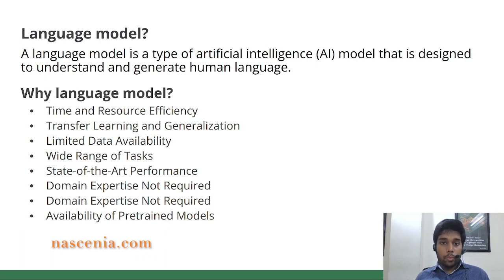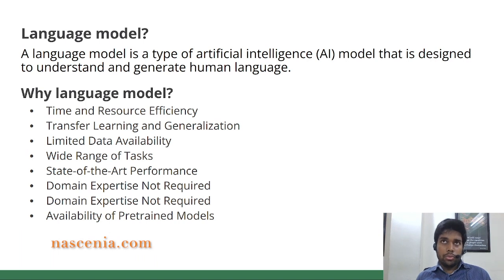And what a language model does is understand the context of sentences or words, or if you may say, it understands natural language, the context of it, and it can also generate natural language, so human-like language.